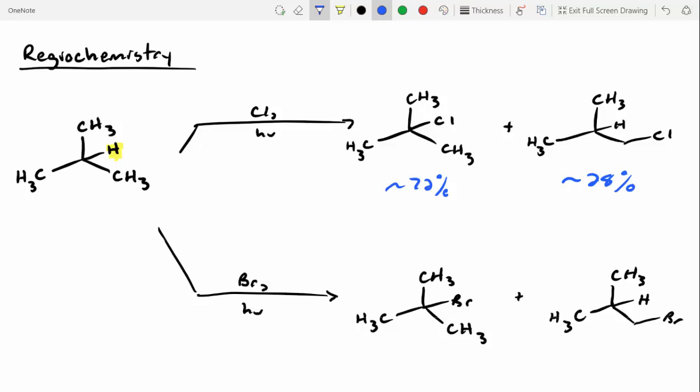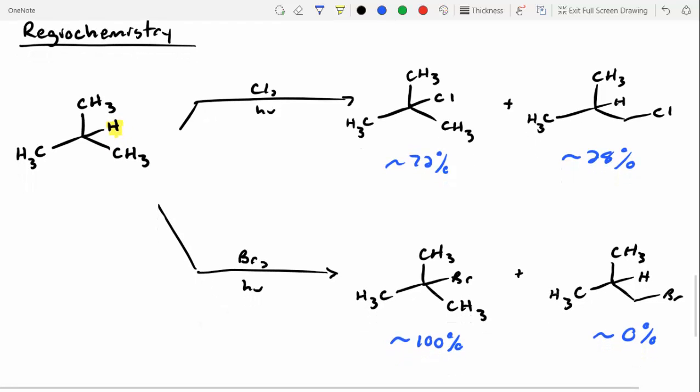With radical bromination, the product on the right, you get almost perfectly in 100%, and you get almost no bromine coming off of that less stable carbon. So synthetically, radical bromination is much, much more useful than radical chlorination. And you don't see radical iodination, at least I've never seen it for a synthetic reaction.